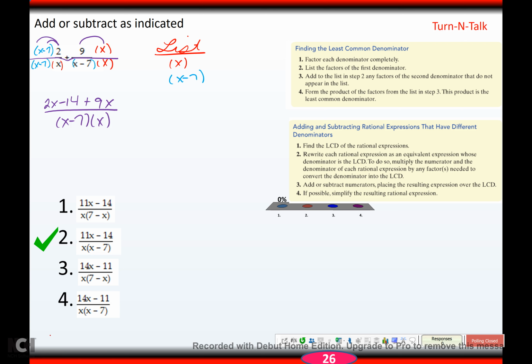Okay, I will if you need me to, but combine like terms. That's going to give me 11x minus 14 over x times x minus 7. And the order you put this in doesn't matter. The only thing left I could try and do would be to factor the top and see if it cancels with the factor on bottom, but 11's prime, they have nothing in common, I can't factor, so I'm done.